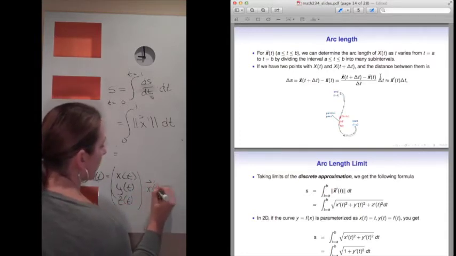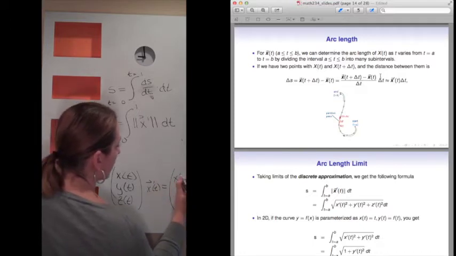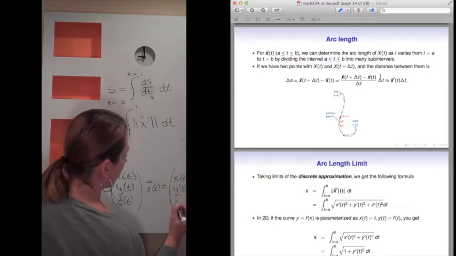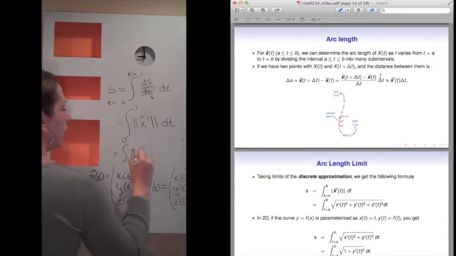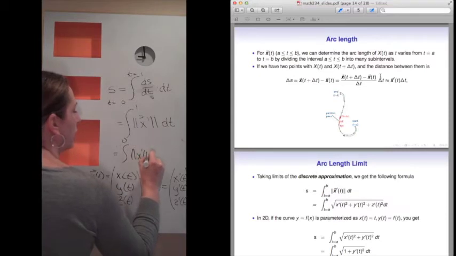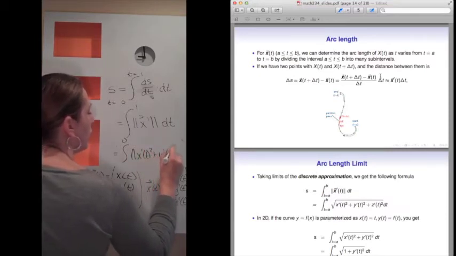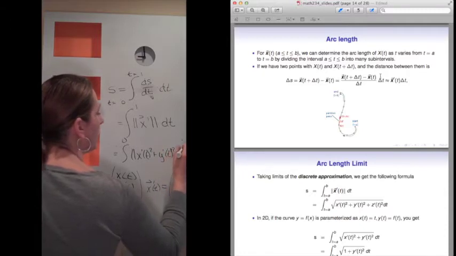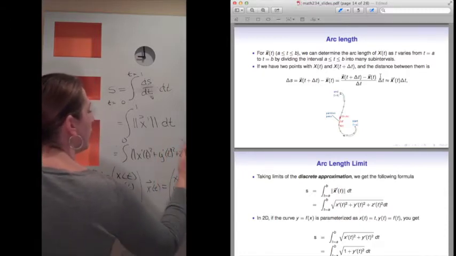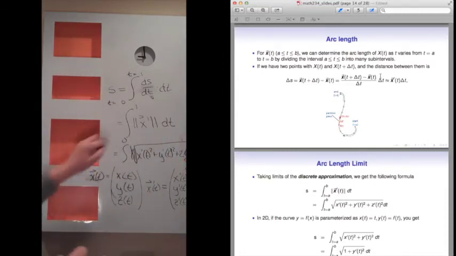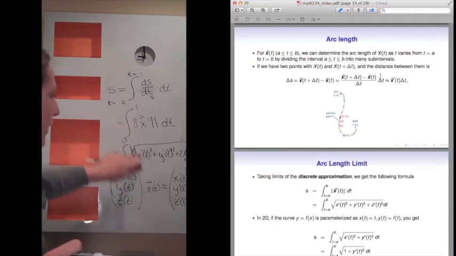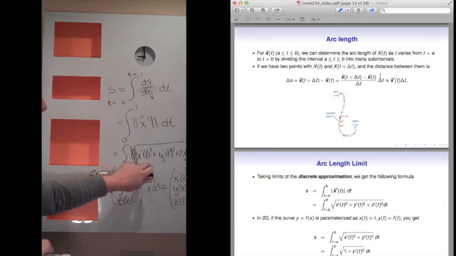My x prime vector looks like my scalar x prime of t, scalar y prime of t, scalar z prime of t, and I get this formula, the square root of x prime of t squared plus y prime of t squared, plus z prime of t squared, dt. So the length of the velocity works out to be this formula, where I just take the length of the velocity vector.